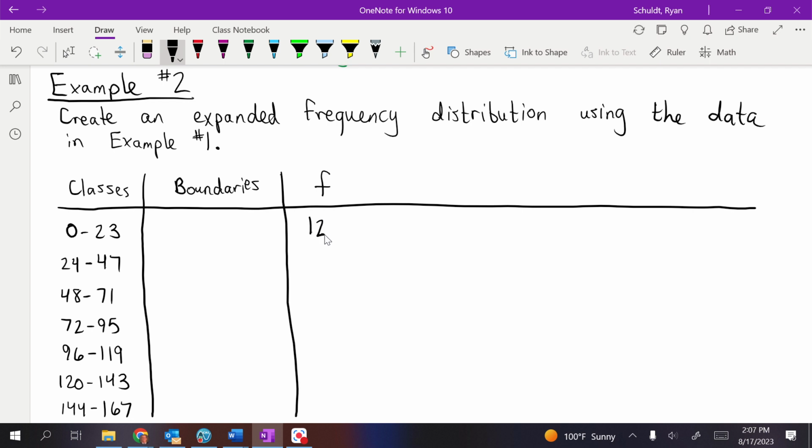I think it was like 12, 4, 2, 4. 0, 1, 1. Okay. There's our frequencies. This is going to be the midpoint.